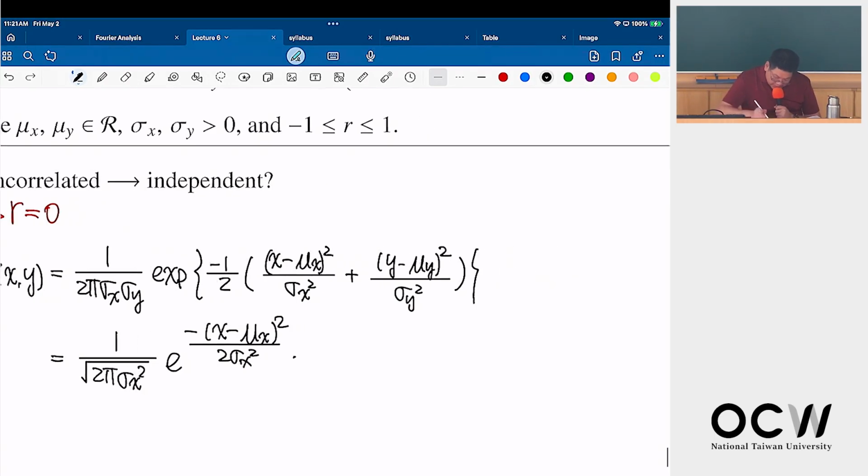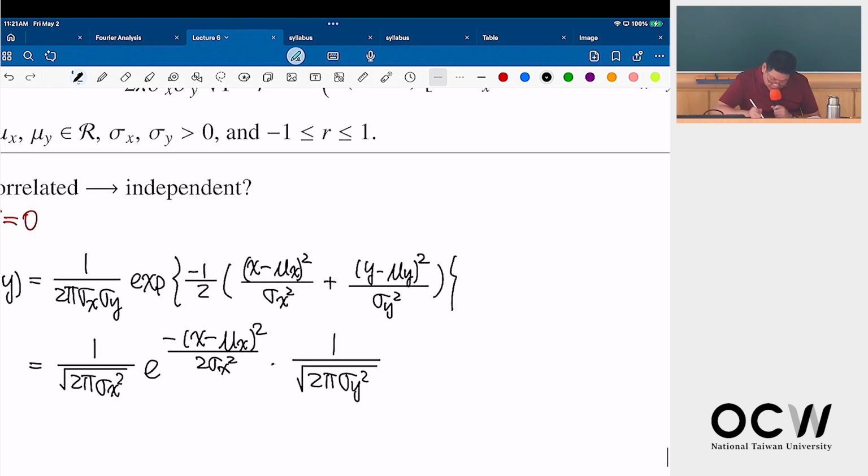And the other one also 1 over square root of 2 pi times sigma y, and then exponential minus (y minus mean) squared divided by 2 times the variance.